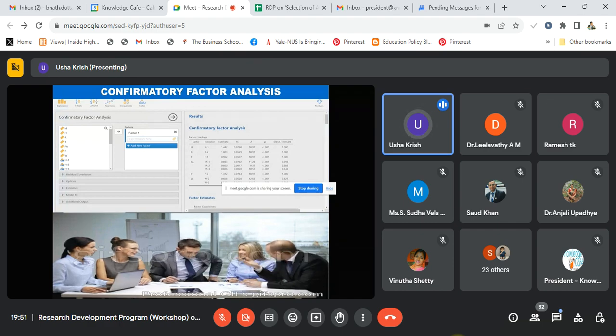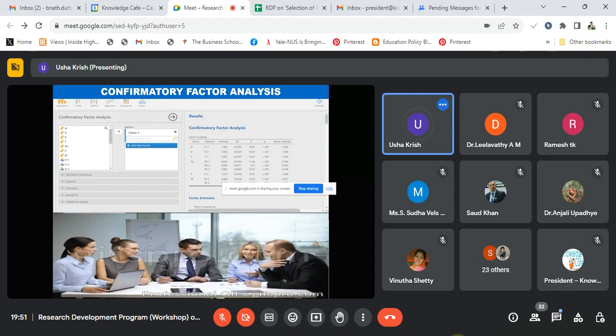CFA can be used if the researcher has prior knowledge about the grouping of various items into factors. Then CFA can be used if a standard scale is available. Otherwise, we have to do EFA and then come to CFA.